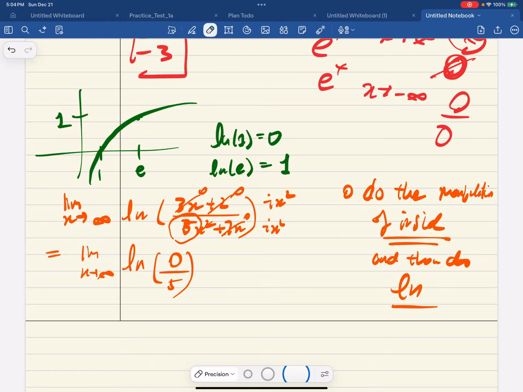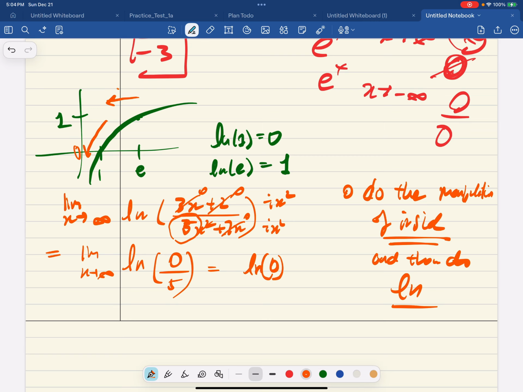The top is 0. You have to realize that the top is 0. It's not 1. So 0 on 5 will be 0. Ln of 0 is negative infinity. When x approaches 0, the y approaches negative infinity. The answer is negative infinity.